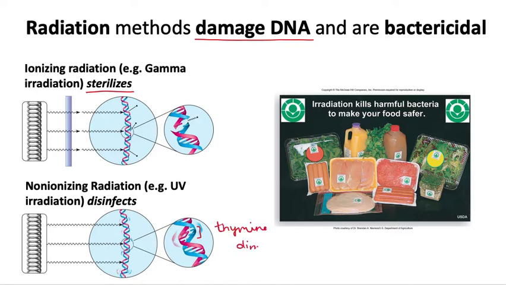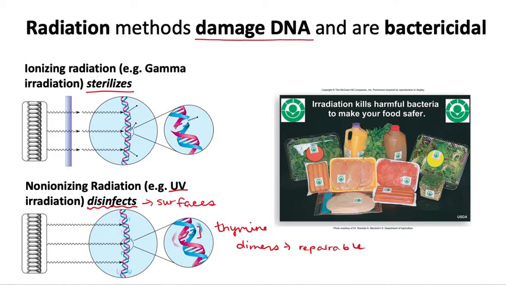But this type of damage is repairable. And because of that, non-ionizing radiation, which includes UV radiation, is something that can be used to disinfect rather than sterilize. And because it doesn't break through barriers, it also can only be used to disinfect surfaces.